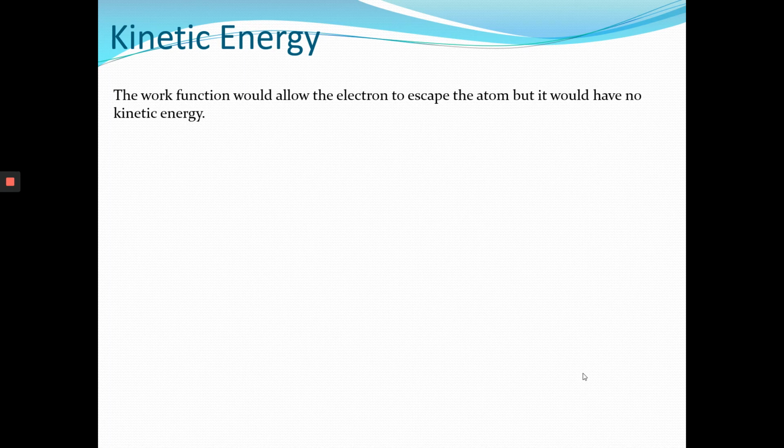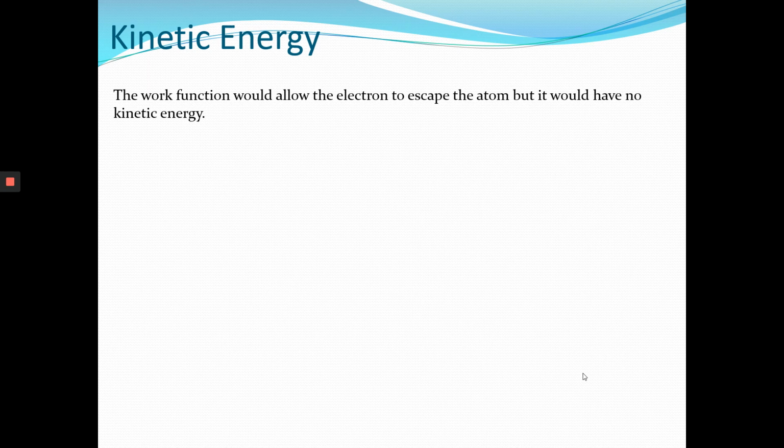Now, this bit is quite important. Obviously we've been saying that if we have a photon coming in, our electron absorbs that energy and it's released from the atom. Now, let's say our electron needs 10 joules to escape its atom, and this photon comes in with exactly 10 joules.